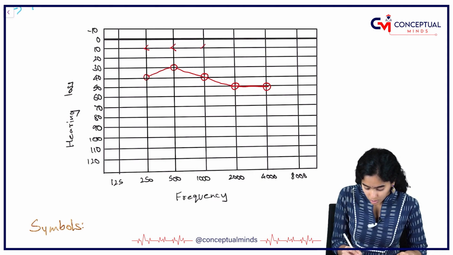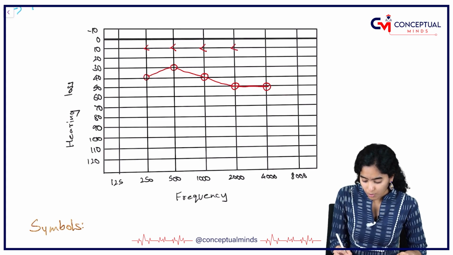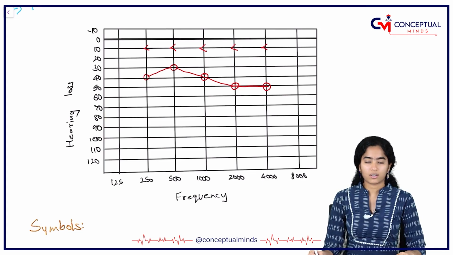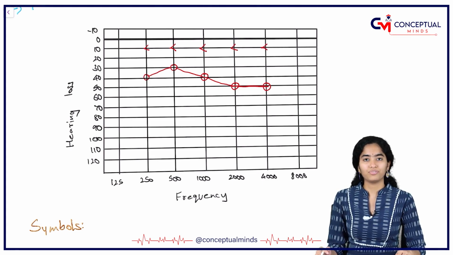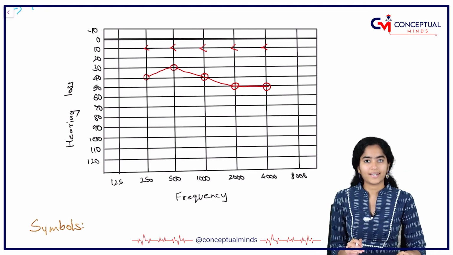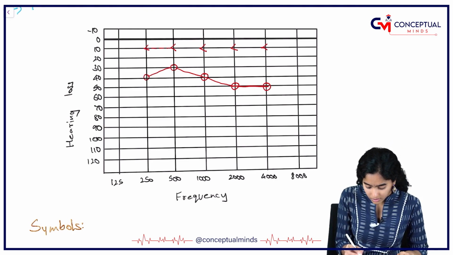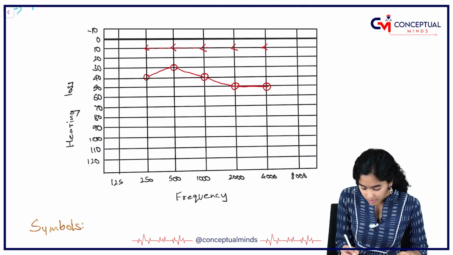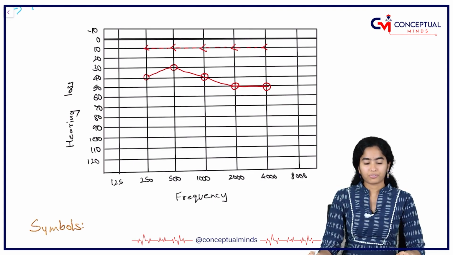At 1000 also, only that much loss. Until 4000, the same. So in bone conduction there is no fluctuation. At all frequencies he is having a loss of 10 decibels, which is well within the normal range. 0 to 20 decibels we say normal. So we join all these. This is our bone conduction graph.